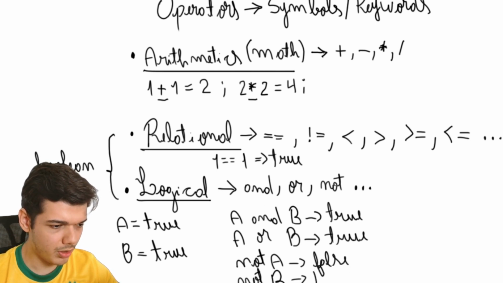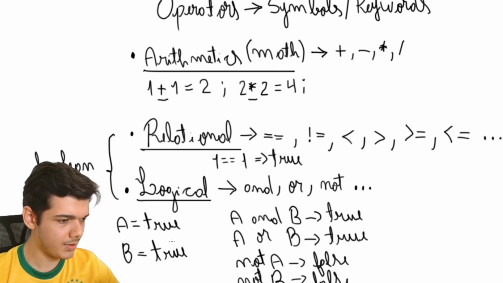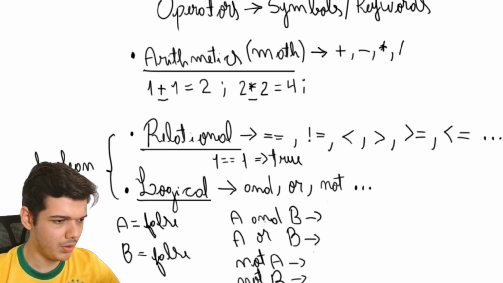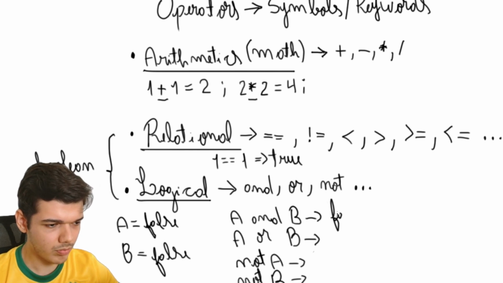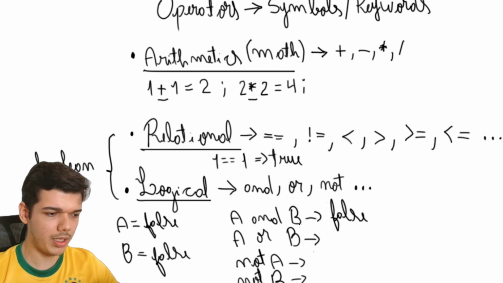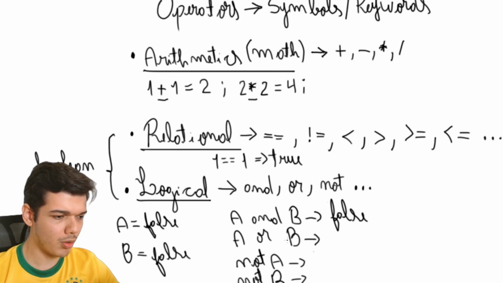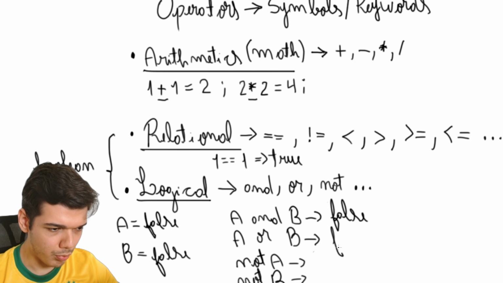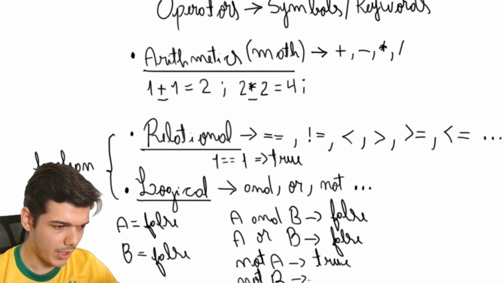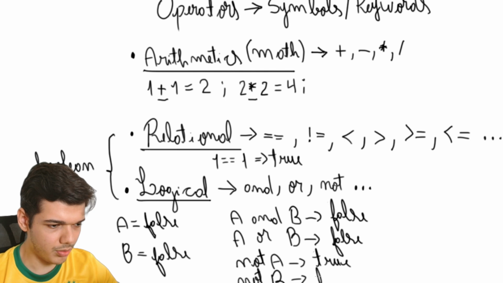And the same for B. But let's assume that we have false in both. So A and B are false, because neither A nor B are true. A or B is also false because none of them is true. Not A is true and not B is true also.